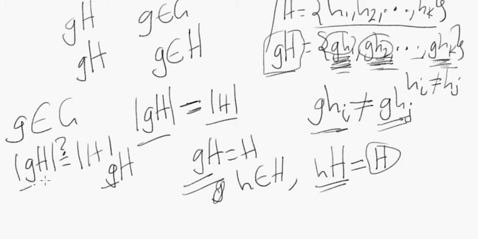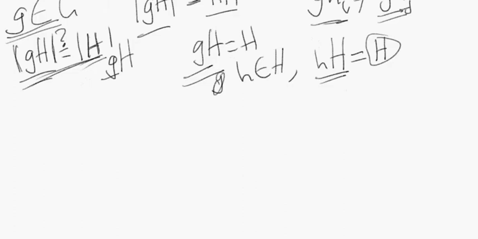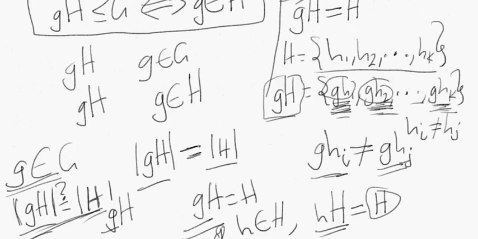Well, it turns out that it is true, but it's up to you to try and figure out why this is true. The argument is pretty similar to what we've been doing before. That is, if g is an element of G, not necessarily an element of H, is the cardinality of gH always equal to the cardinality of H? This statement actually turns out to be true, but it's up to you to verify and prove it.